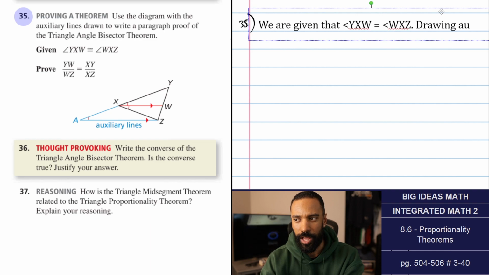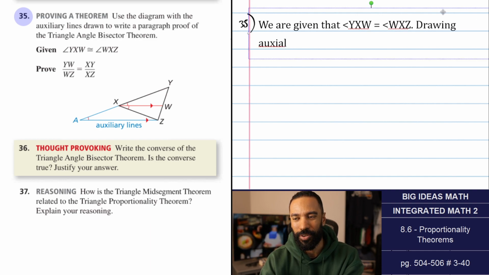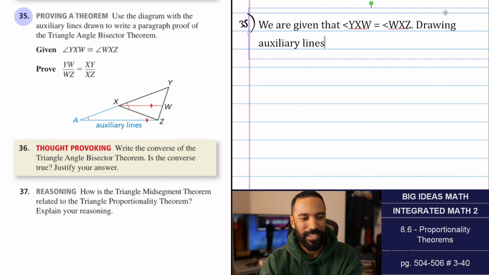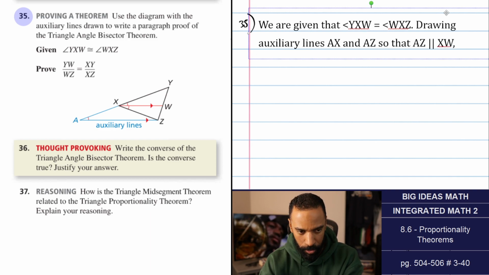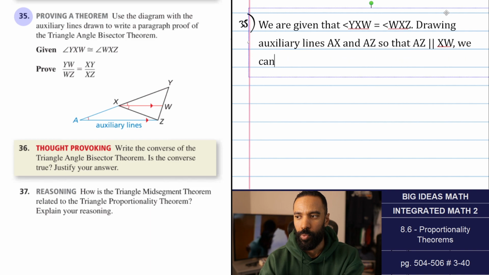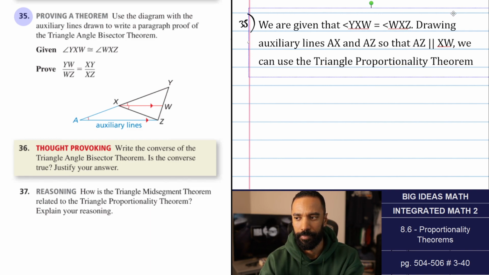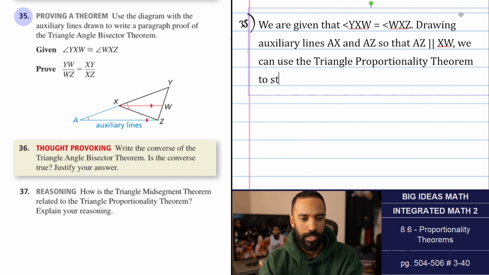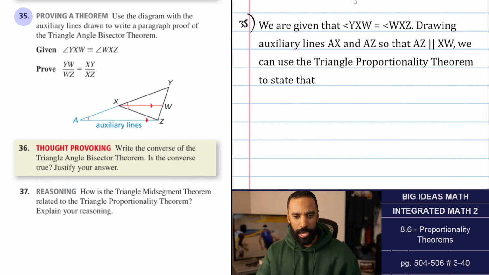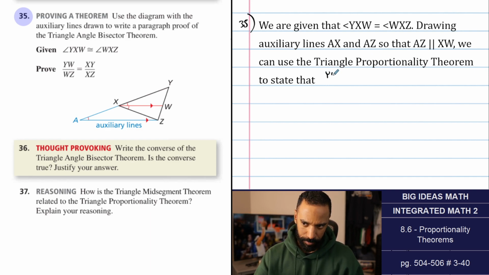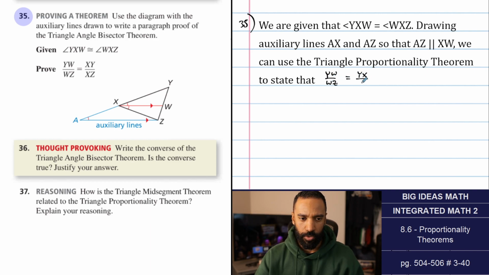drawing auxiliary lines, this doesn't work with the things here. Drawing auxiliary lines AX and AZ so that AZ is parallel to XW, we can use the triangle proportionality theorem to state that, and I'm going to write this one out, YW over WZ equals YX over XA.